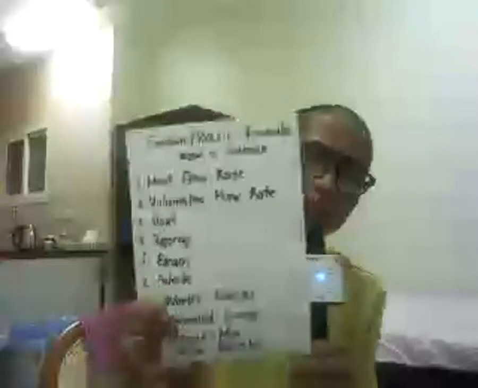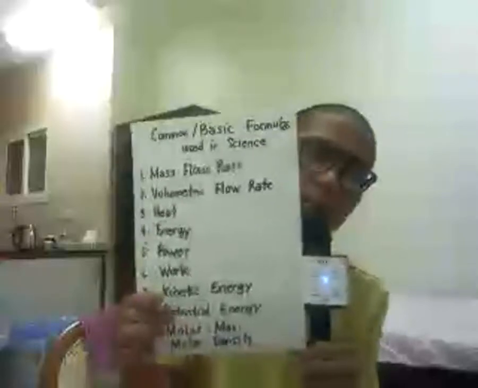I'm not really sure with other engineering courses, but 100% sure for chemical engineering and mechanical engineering. Chemical engineering and mechanical engineering both use energy and material balance equations. And this number one, mass flow rate, is very important. Mass flow rate. I'll show you the formula for mass flow rate.